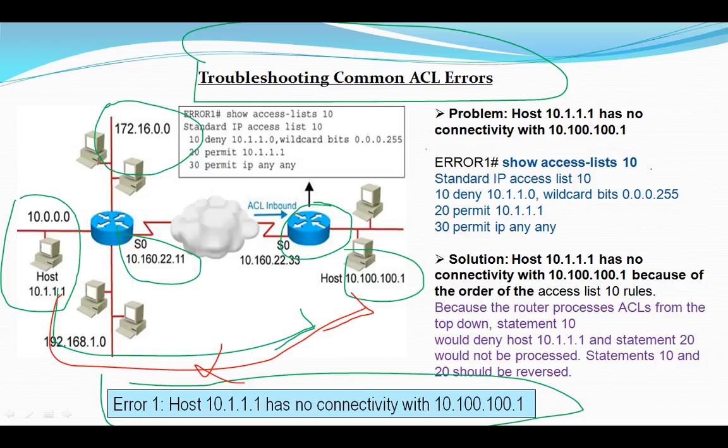Access list 10, I have created this access list, and this is the name of it. This is standard, and now it is providing me information: standard IP access list 10.